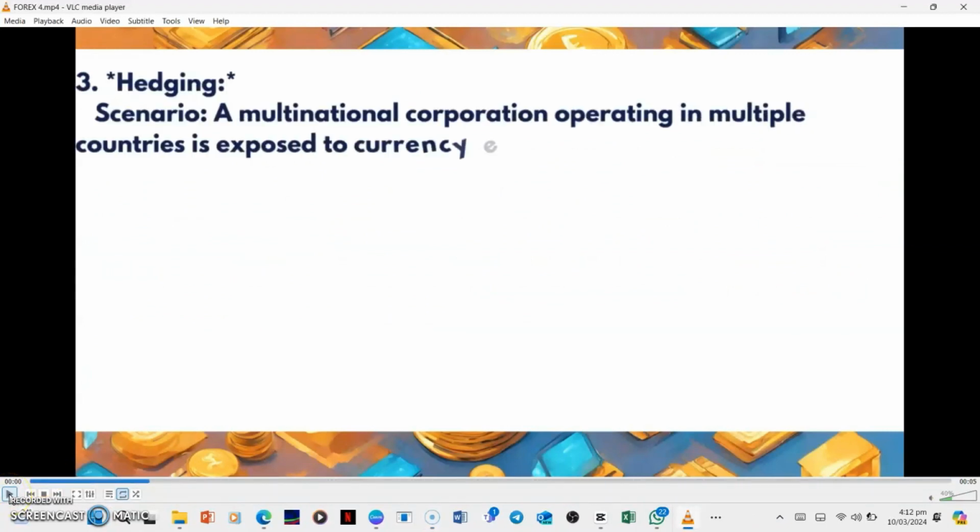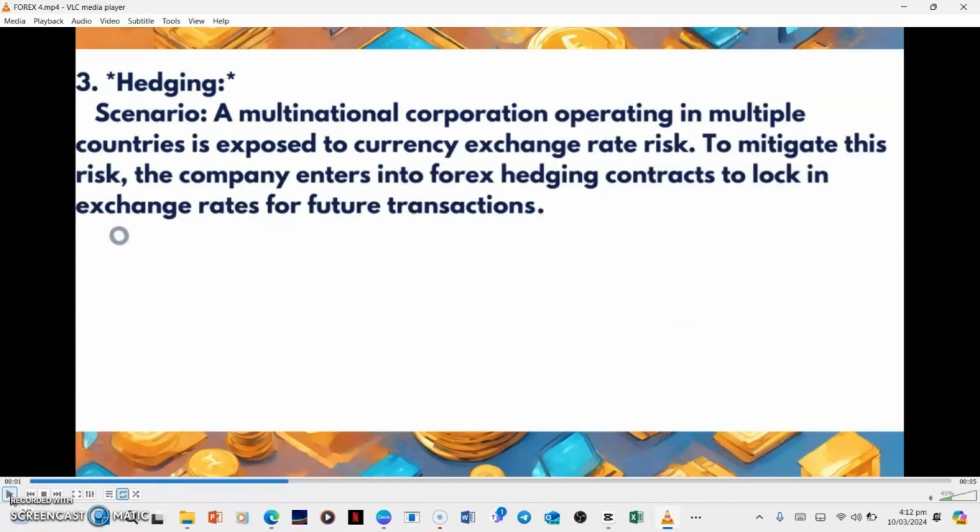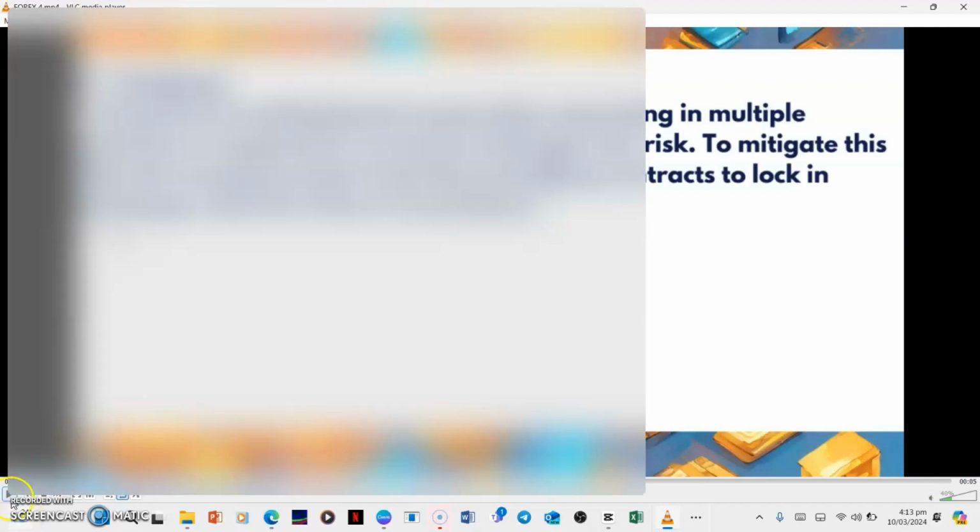All right, so the third aspect is hedging. The scenario may be that a multinational corporation operating in multiple countries is exposed to currency exchange rate risk. To mitigate this risk, the company enters into forex hedging contracts to lock in exchange rates for future transactions.